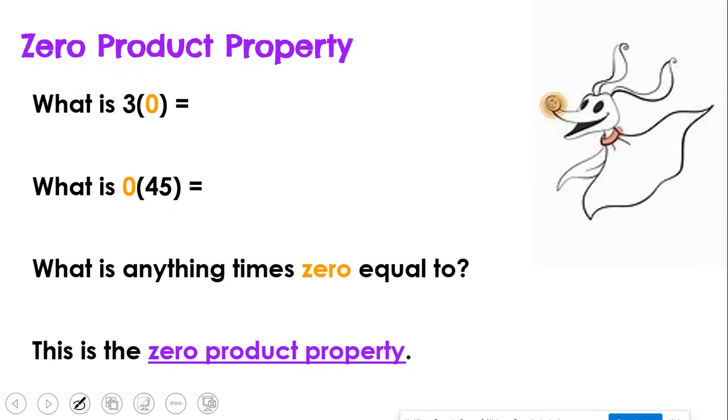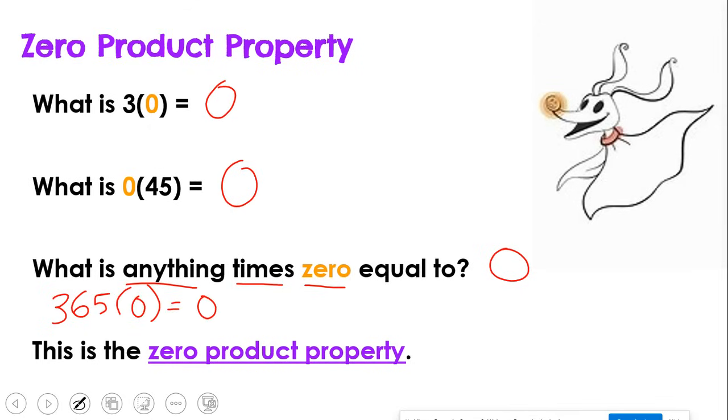So first things first, what is 3 times 0 going to be? Well, that's equal to 0. And if I asked you, well, hey, what is 0 times 45 going to be? You're going to say it's 0. Why would you say that? Because anything times 0 equals 0. And I mean anything. I mean 365 times 0, that's going to equal 0.